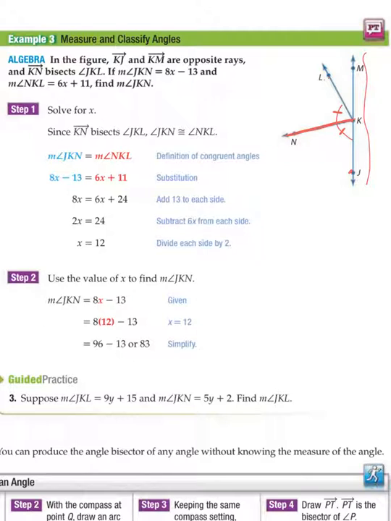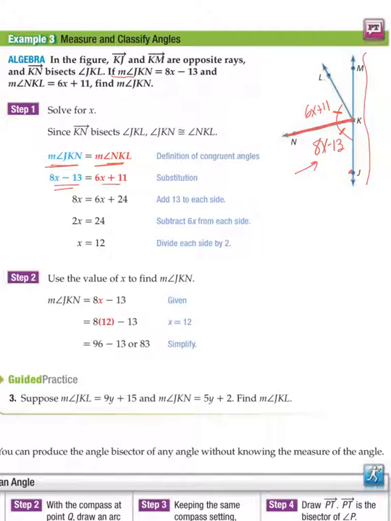All right, now let's go back and pick up where we left off. If the measure of JKN, that's this here, is 8x minus 13, and from N to K to L is 6x plus 11, we have to find JKN. That's this angle. Well, since we have a bisector, we know, as they have indicated over here for us, our two angles have to be equal.